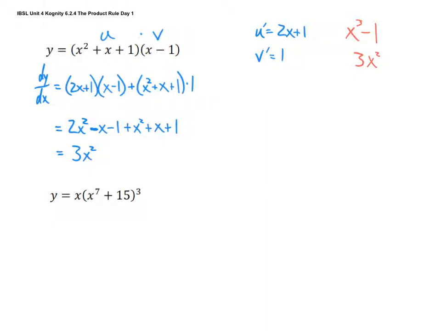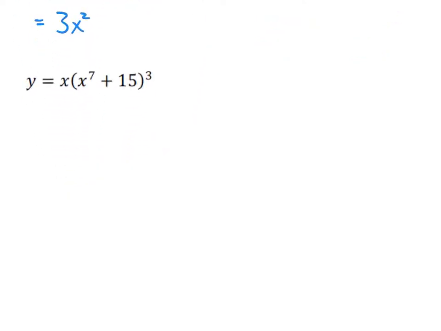Now, this one down at the bottom here can get really ugly, or it can be pretty elegant. So let's look at this one. The u in this case is just x. The v is the x to the 7th plus 15 cubed. U prime actually will just equal 1. The v prime, we've got to use chain rule.